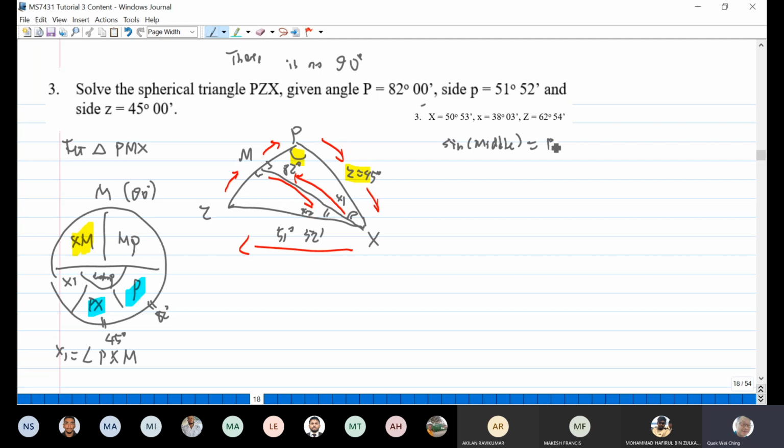Sine of middle is the product of cosine of opposite, because the opposite of the yellow part is the blue part, right? So we can find that this is sine XM, now, the product of cosine.